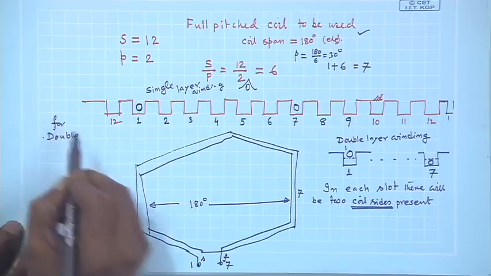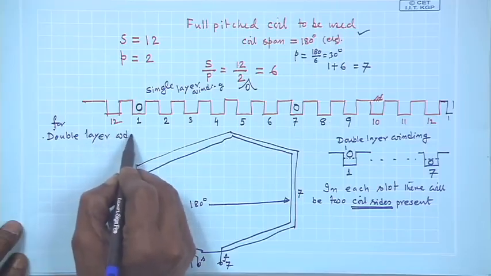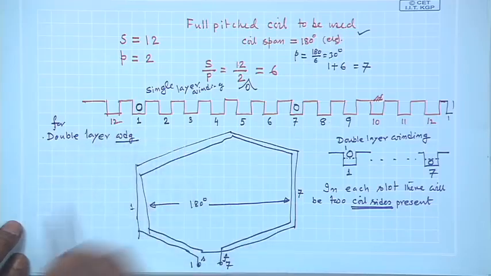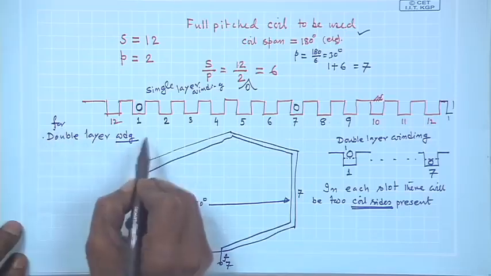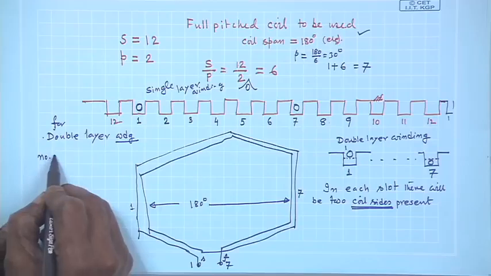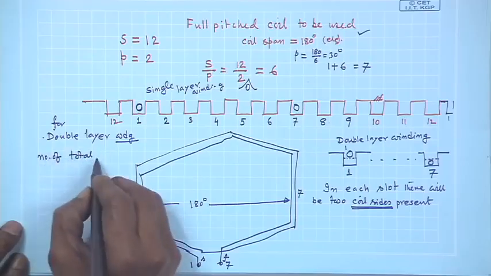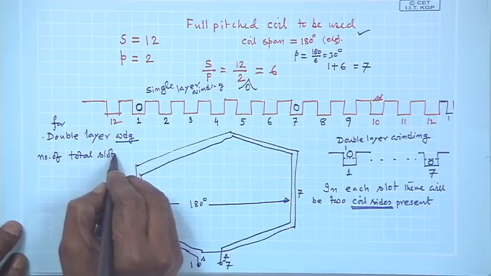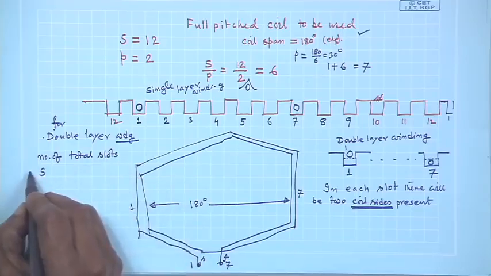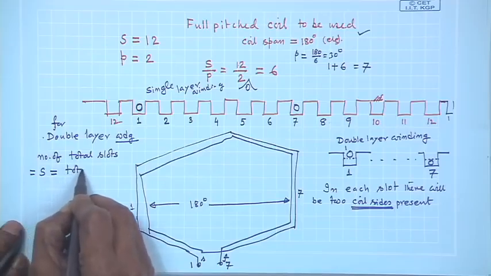For double layer winding, which I will write in short as WDG, the total number of slots S is equal to the total number of coils.